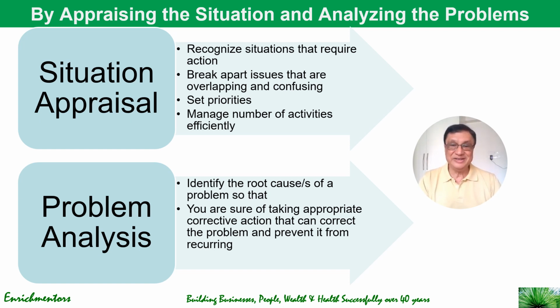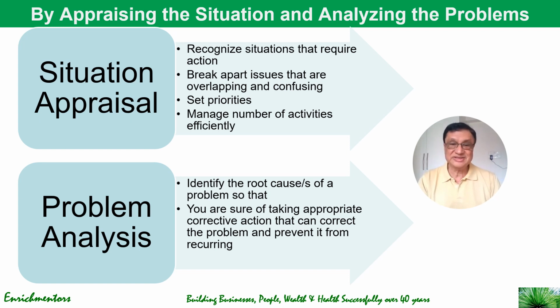So what is needed to solve that is to identify root cause or causes of a problem, so that you are sure of taking the right action that can correct the problem and prevent it from reoccurring. And that's one of the very important things if you want to master the complexity, because once you start solving problems more on a long-term basis so that the problem doesn't keep occurring again and again, doesn't the complexity of your life reduce?